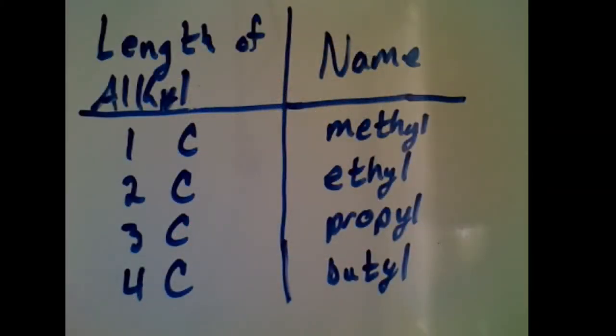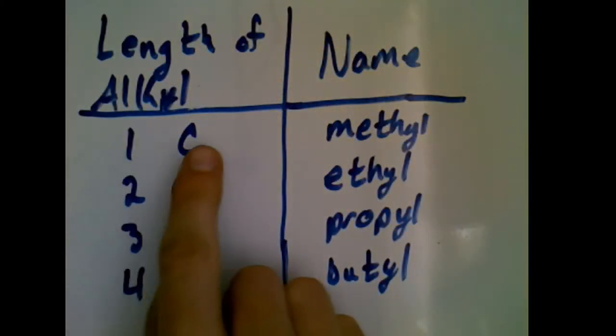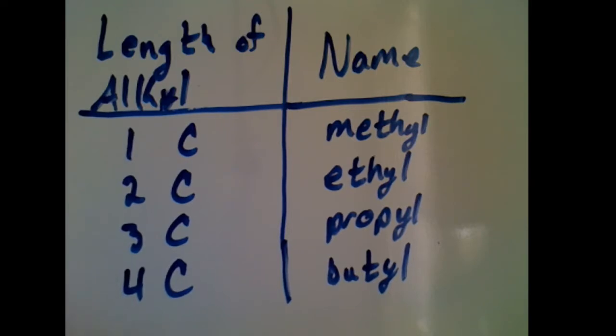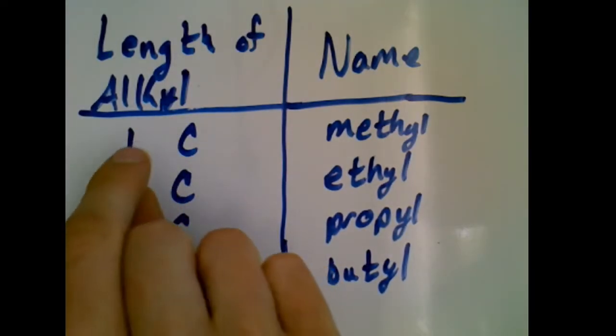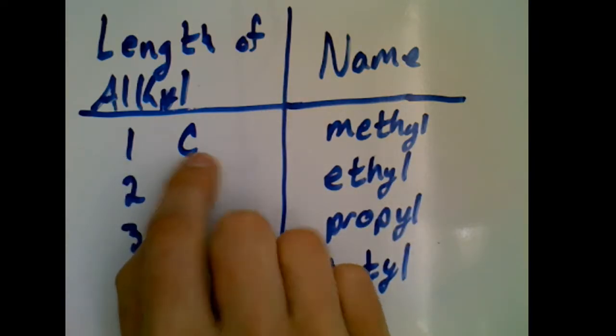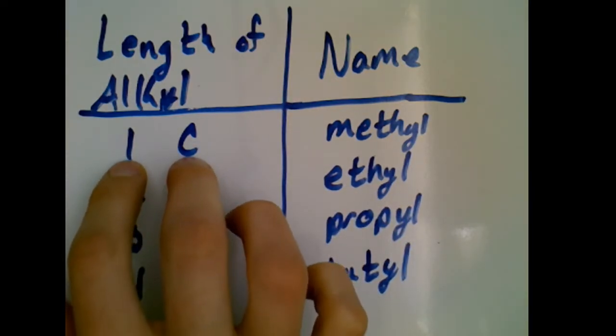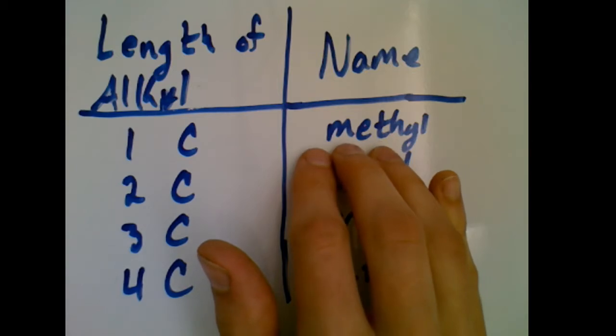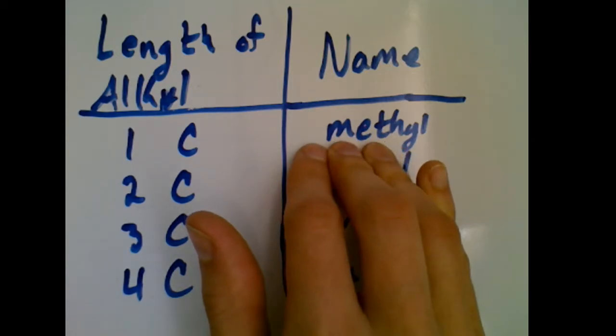That's what we call an alkyl group, and to identify what those alkyl groups are and where they go in compounds, we add to the naming system that we learned previously. So when it comes to using an alkyl group, we look at the length of that alkyl. You would find your longest chain of carbons and then find a branch that comes off of it. If that branch is 1 carbon long, we would add the prefix methyl in front.